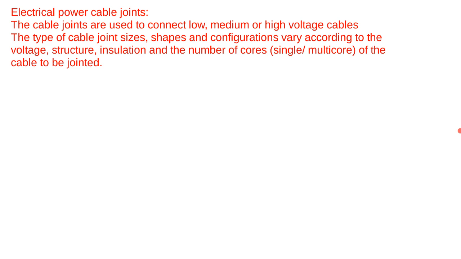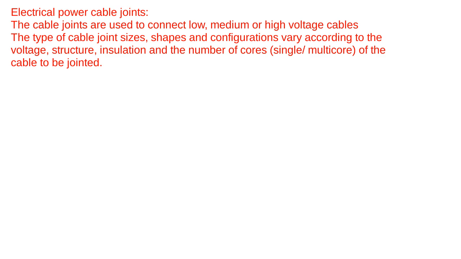So those are the factors that affect the types of cables to be jointed. These joints provide electrical insulation as well as mechanical protection and strength. The electrical connection is made in various ways, and crimping, mechanical connectors or soldering can be applied.